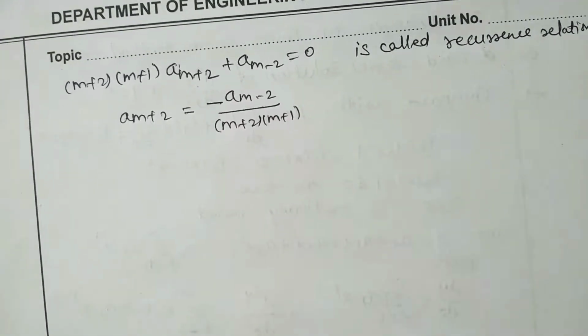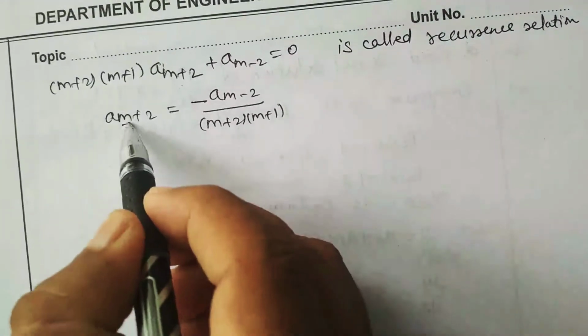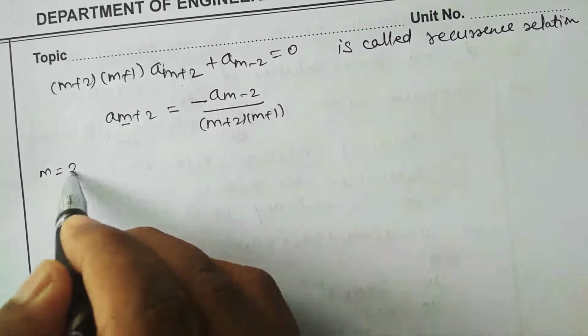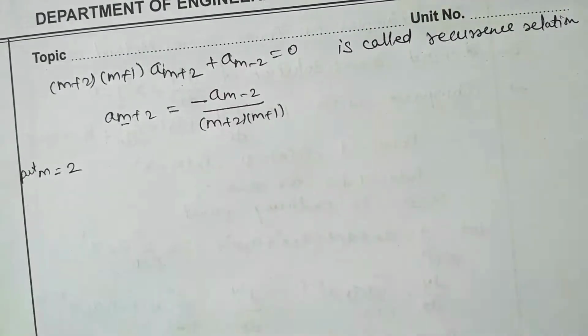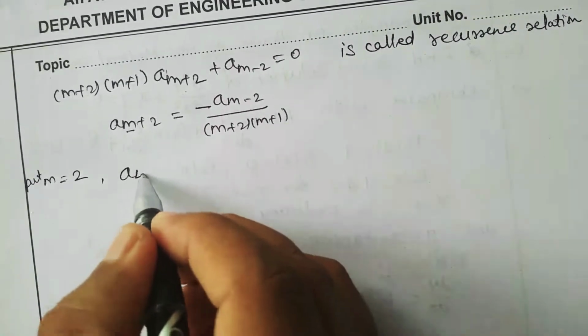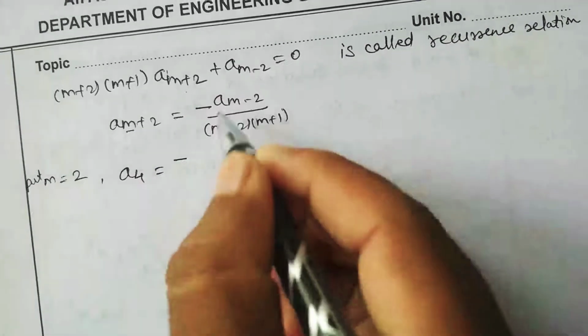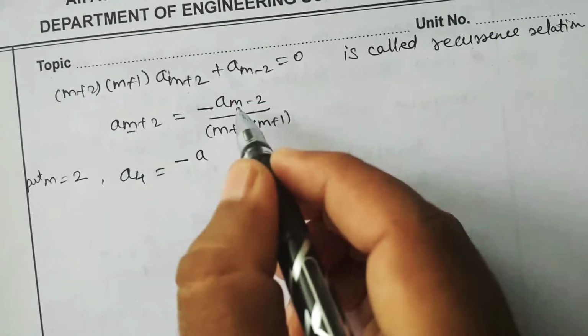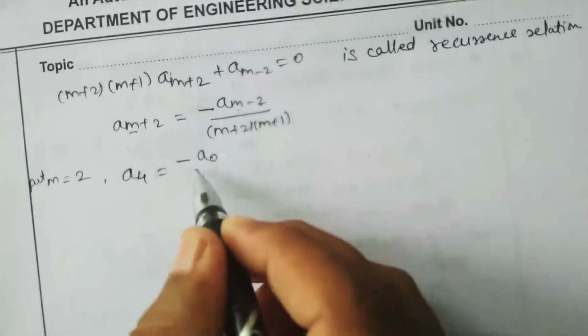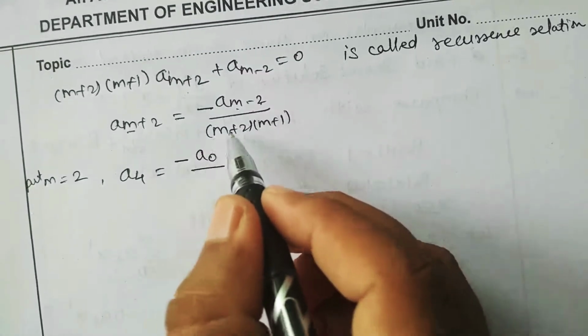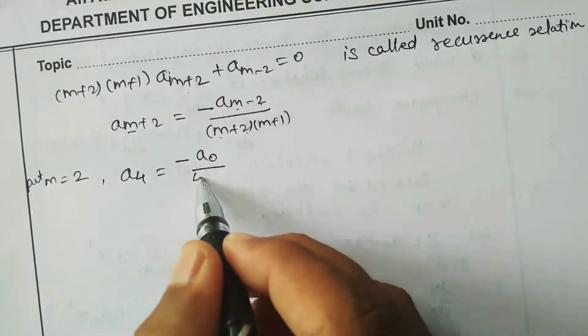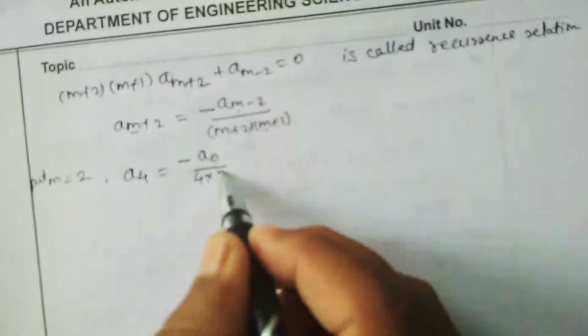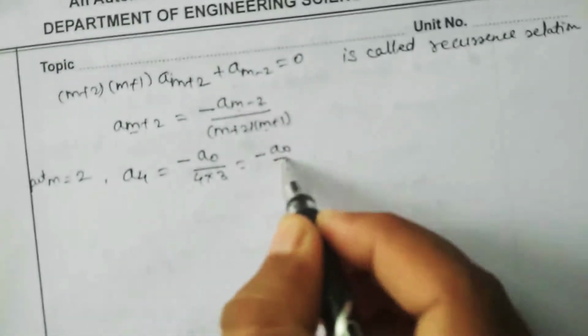To get the value of a4 we have to put m = 2 here. So put m = 2 in the recurrence relation, we will get a4 = -a0 / ((2+2)(2+1)), where 2 minus 2 is 0, 4 into 3. So it is -a0/12.